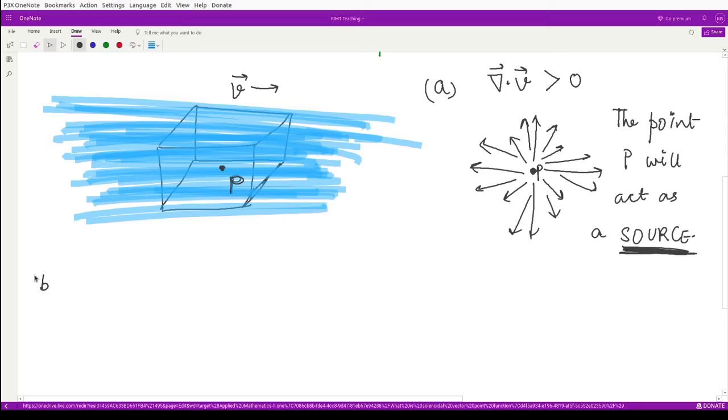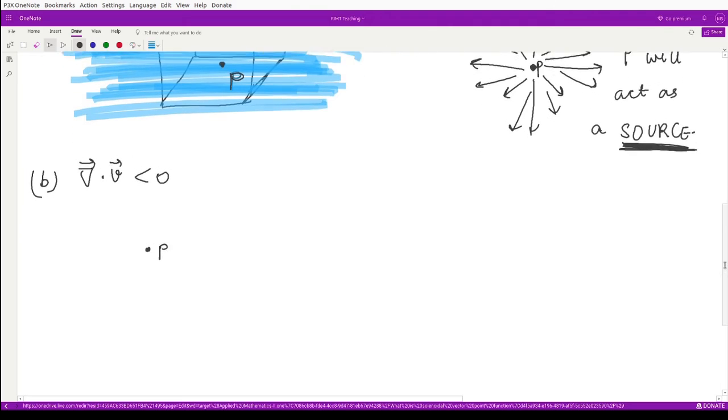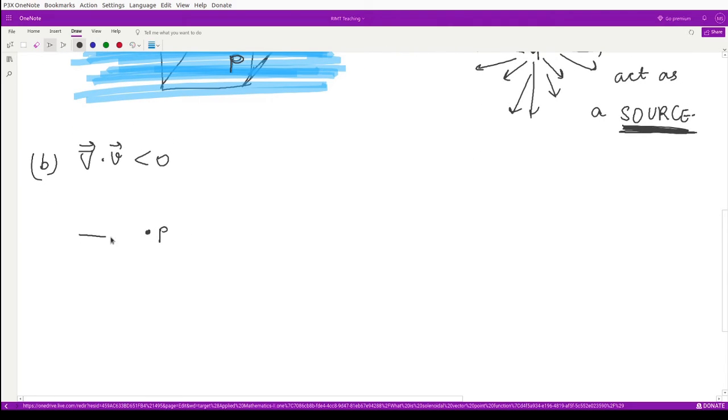In the second case, whenever this quantity del dot of the vector v is a negative quantity, in that case at your point P the fluid will move into the direction of P. So that means we can say the fluid is going inside the point P whenever the divergence is less than 0.